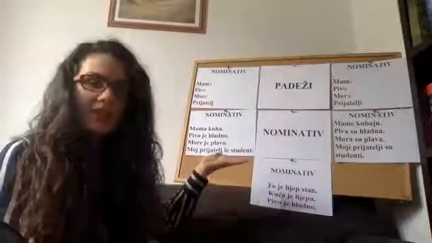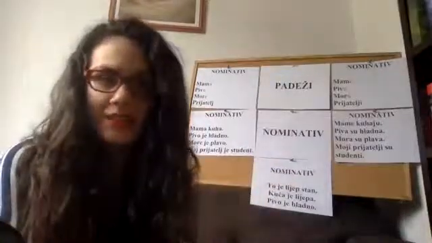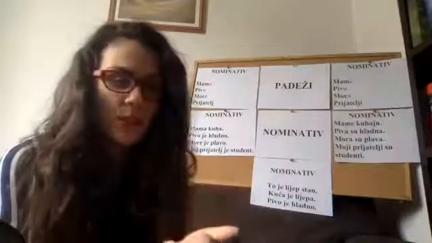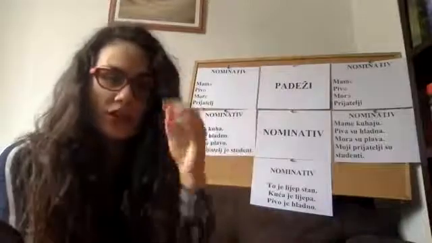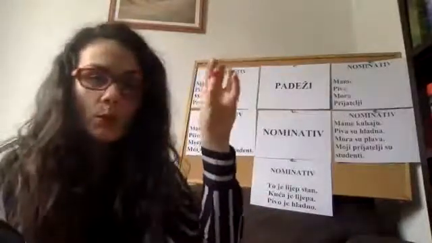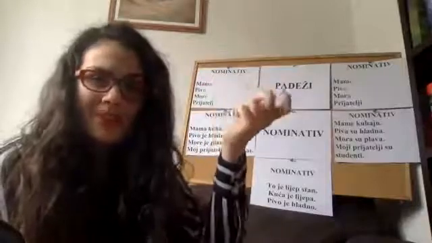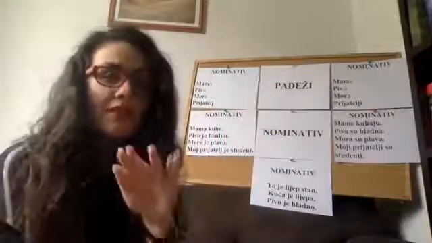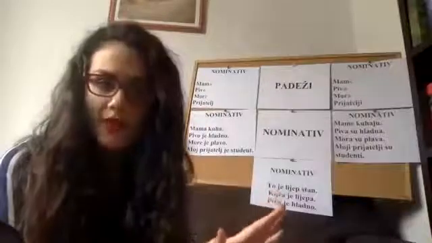So nominative case is the ground form, and if you are not sure what is the ground form of a word, if you find it in a context, you can write in the dictionary just your own word from your native language, and then what comes up in the dictionary, that's the ground form. That's nominative case. The first case, ground form case.